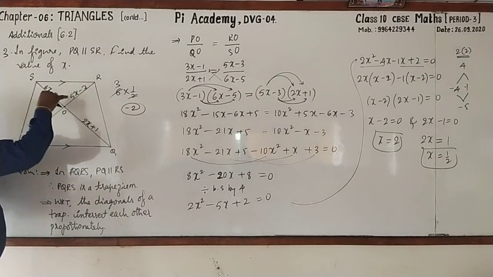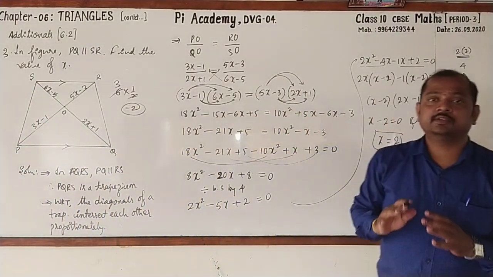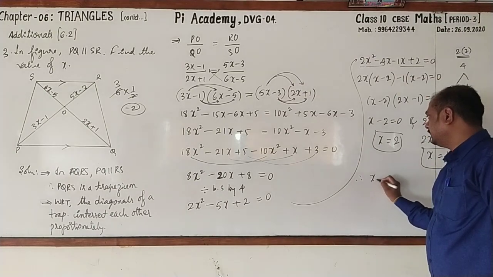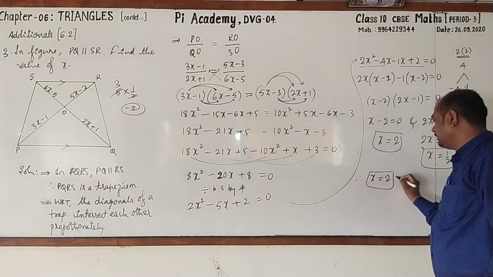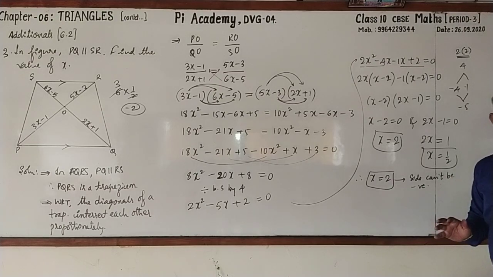Minus 2. Is it possible to say the measurement of SY is minus 2? Impossible, because a side cannot be negative. Therefore, we write x equal to 2. The reason is because a side cannot be negative. Understood? Yes. Check that.